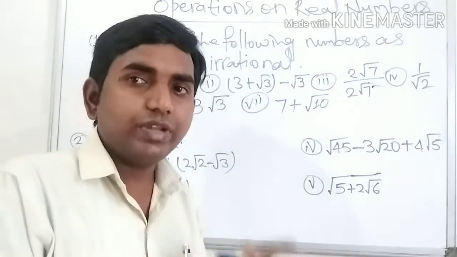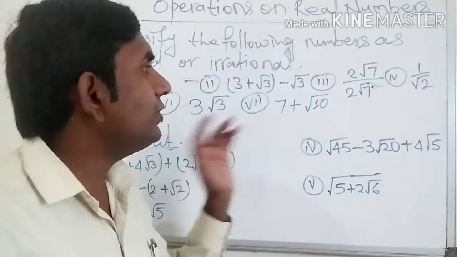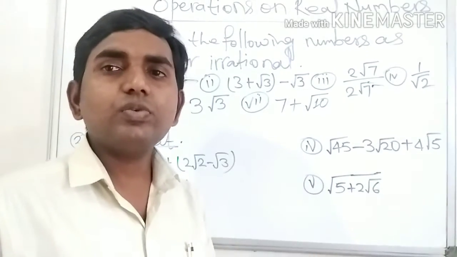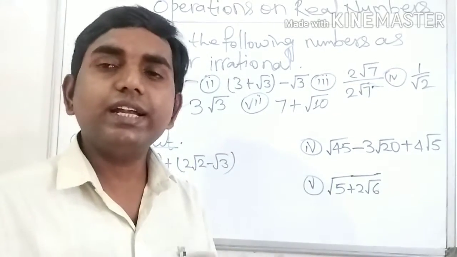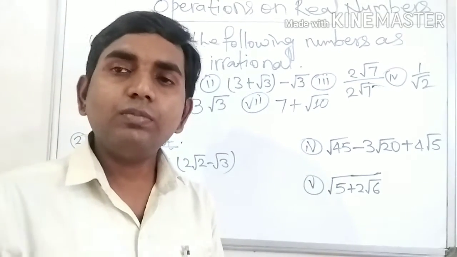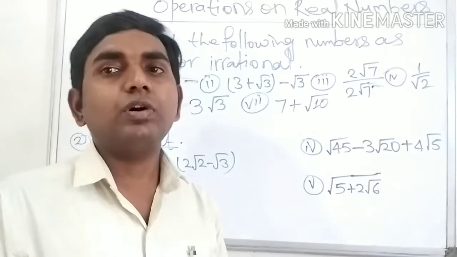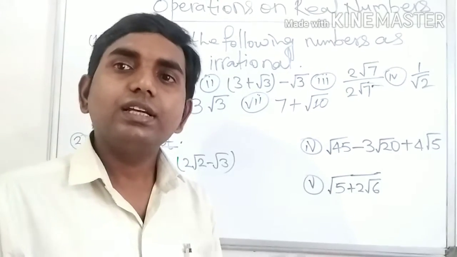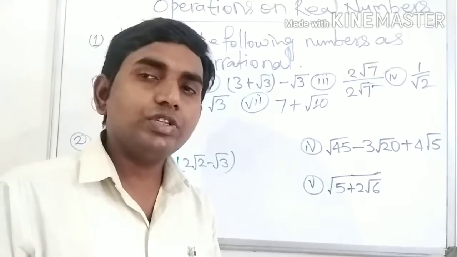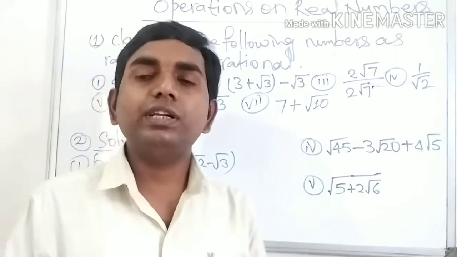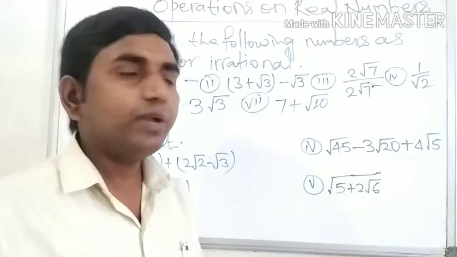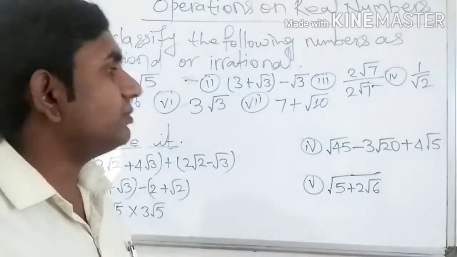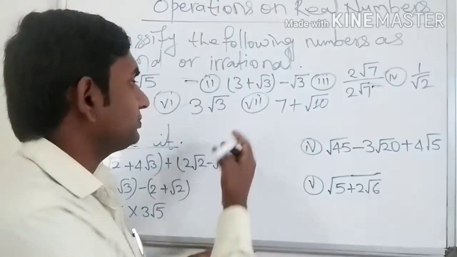We know that any number which we cannot write in the form p by q is irrational, and a number which we can write in the form p by q is rational, where q is not equal to 0 and p and q are integers.